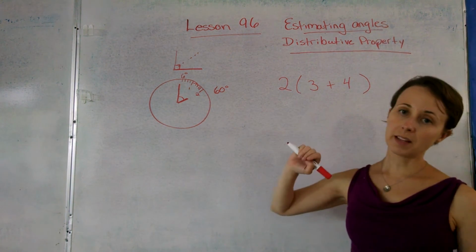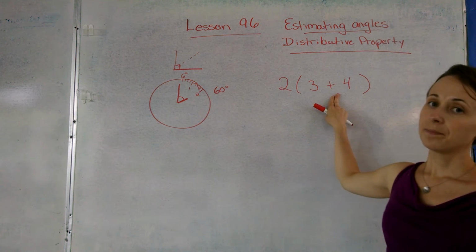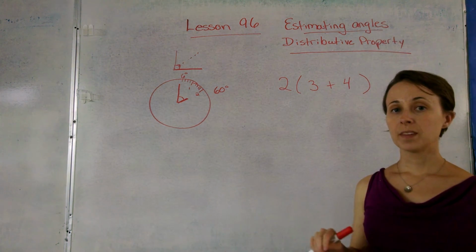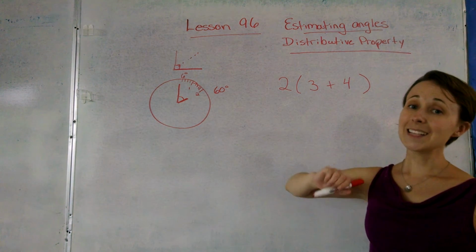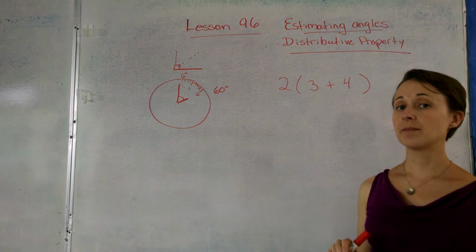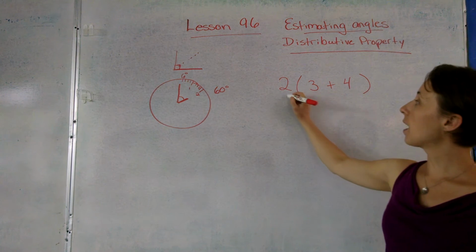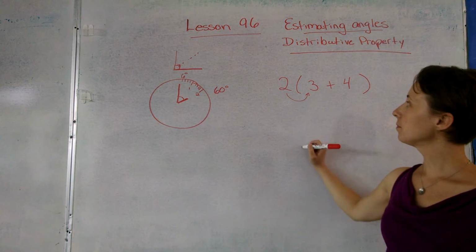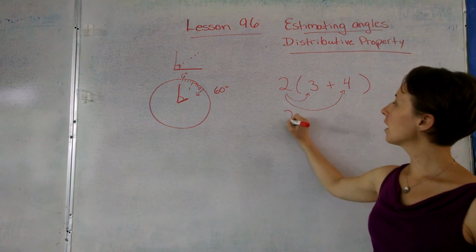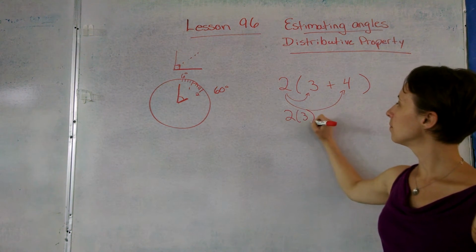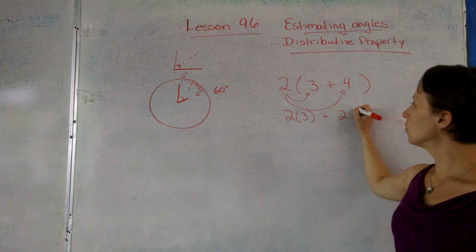Usually when you solve something like this, you would add the 3 and 4 first and then multiply times 2. That's our order of operations. The distributive property says that you can do it another way. You can instead multiply the 2 times the 3 and then add the 2 times the 4. So it would look like 2 times 3 plus 2 times 4.